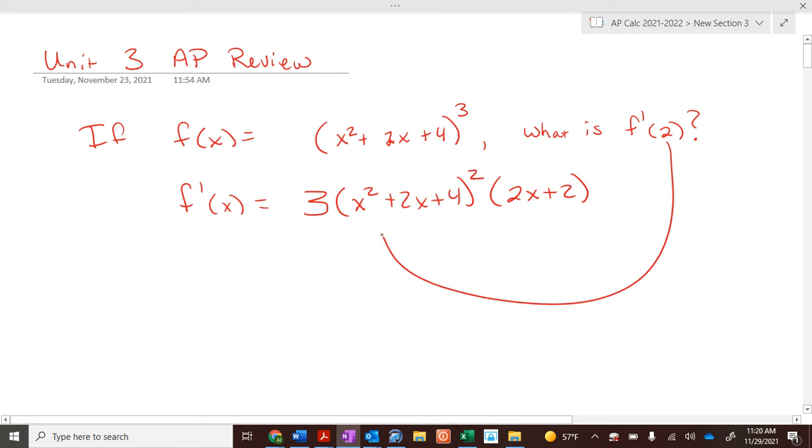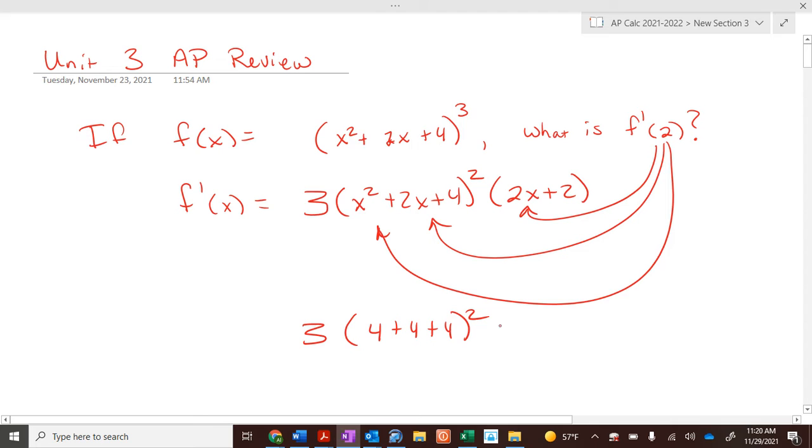And then you take the 2 and stick it in for every single x that you see. 3 times (4 plus 4 plus 4) squared, times (2 times 2 plus 2).